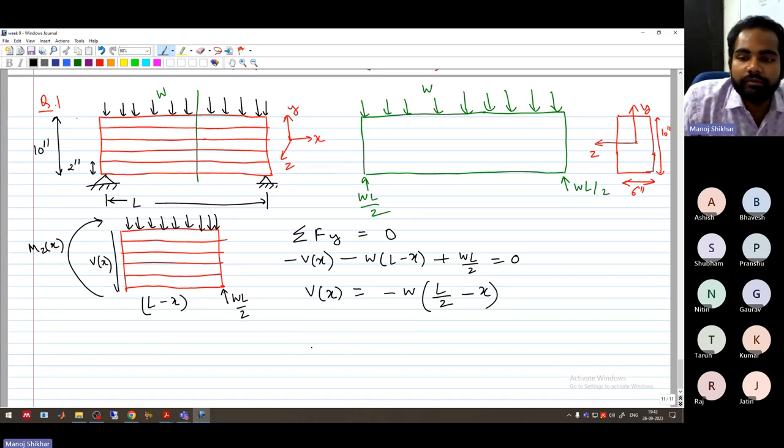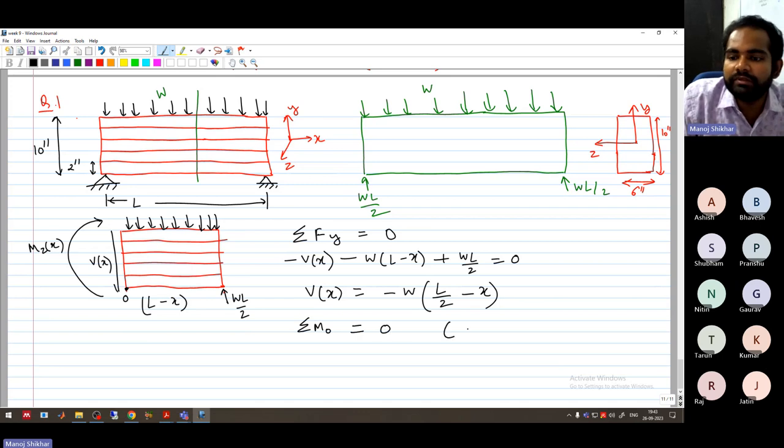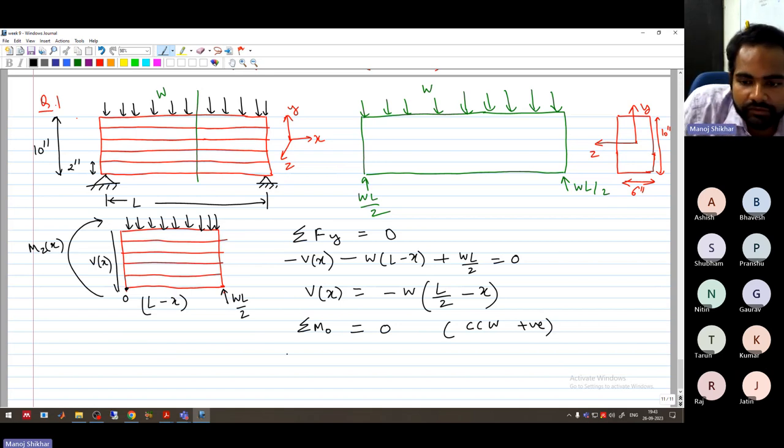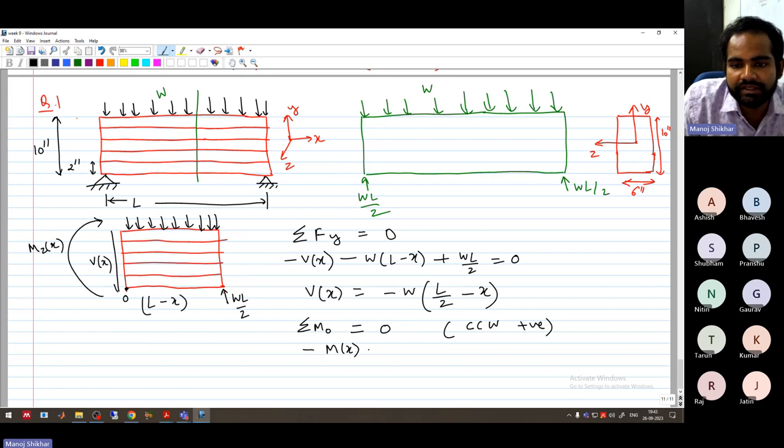Suppose we calculate the moment about this point, which is O. Summation of moment about O will be equal to 0, and we are assuming that counterclockwise is positive. First of all, our Mzx will come, so it is minus Mzx. The moment due to Vx will be 0 because it is passing through the same point.